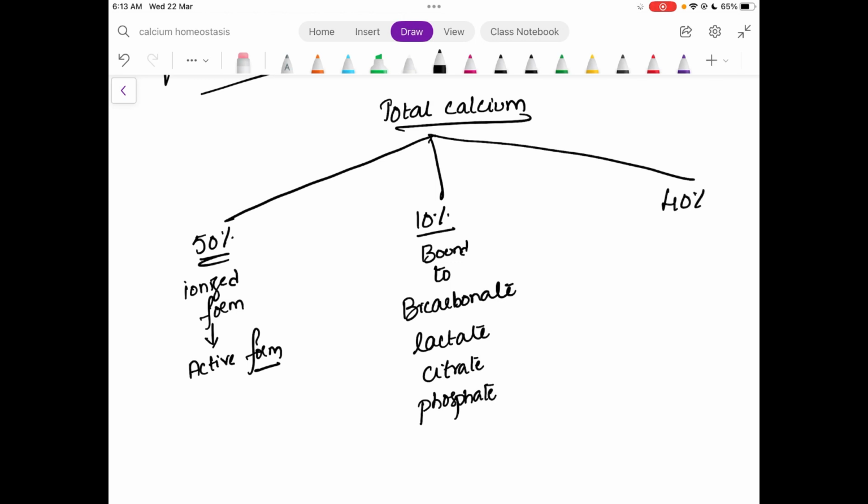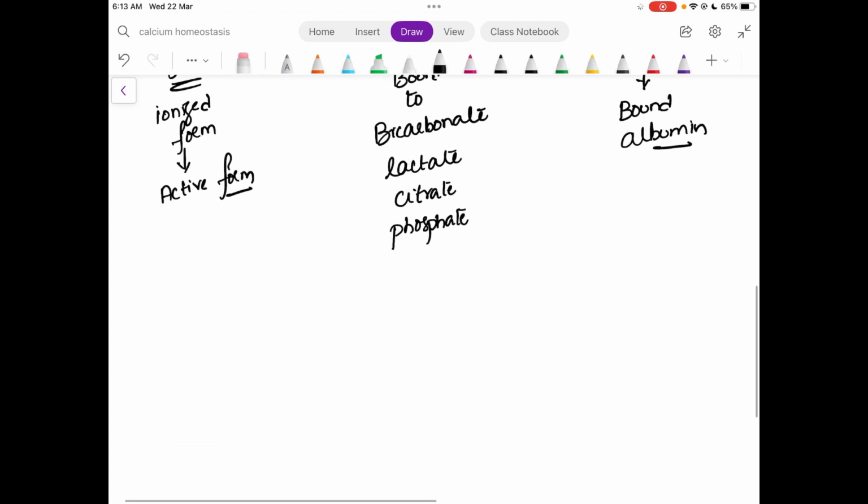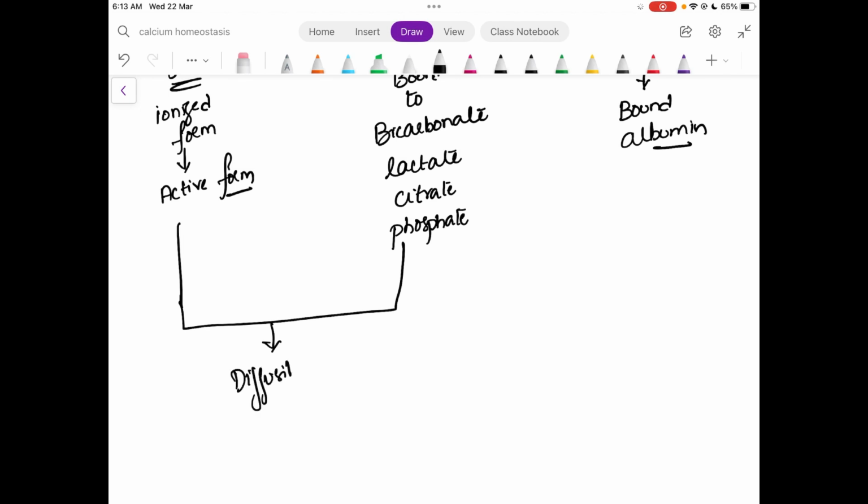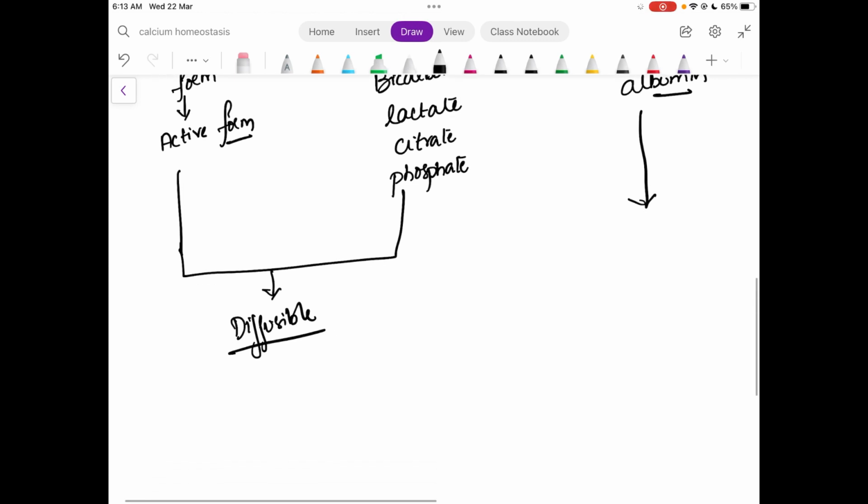And one more form is there, which is around 40%, and it is bound to albumin. The 50% calcium and 10% calcium is a diffusible form, and the 40% which is bound to albumin is non-diffusible.